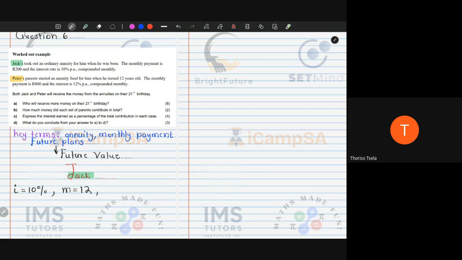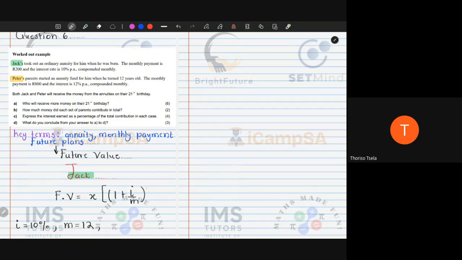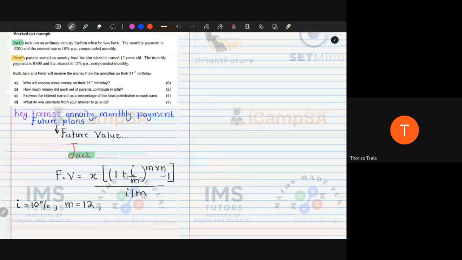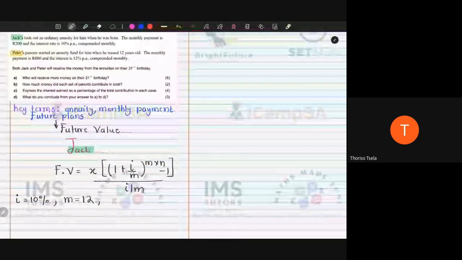And remember our future value formula, it's very easy. Let me put it up so that we are always up to speed with what we are looking for. So future value is x into 1 plus I divided by m to the power of m times n minus 1. And this is always divided by I over m. So we have the I and we have the m. So where is the x now?